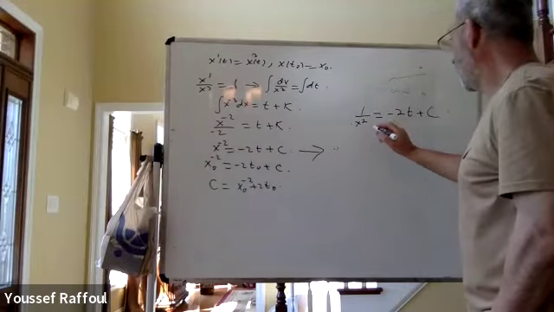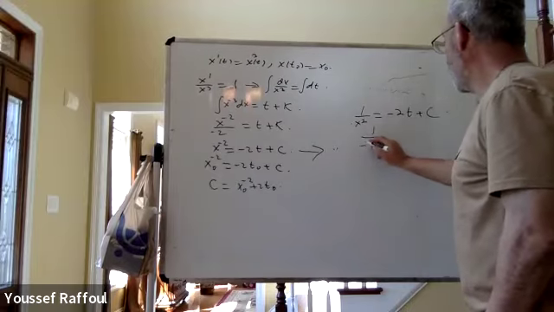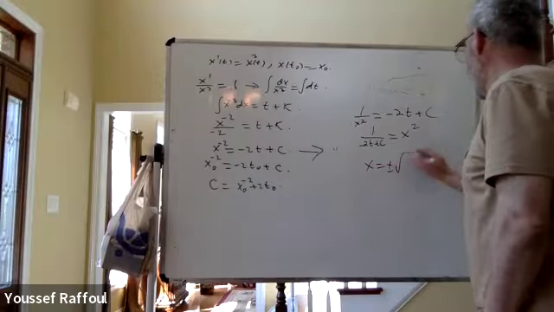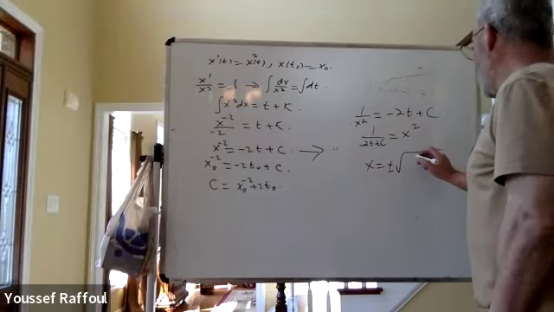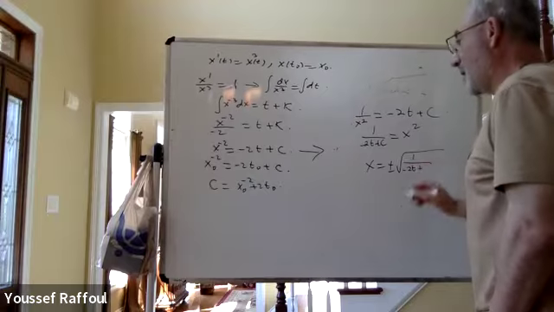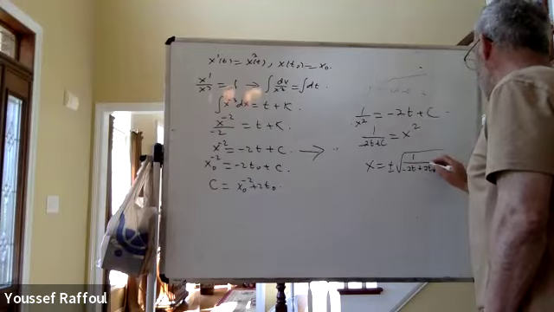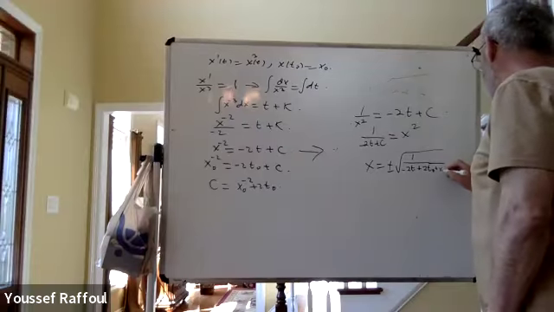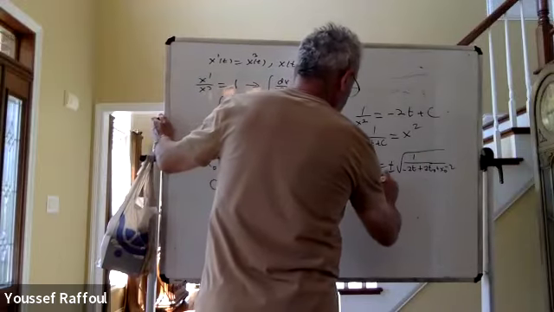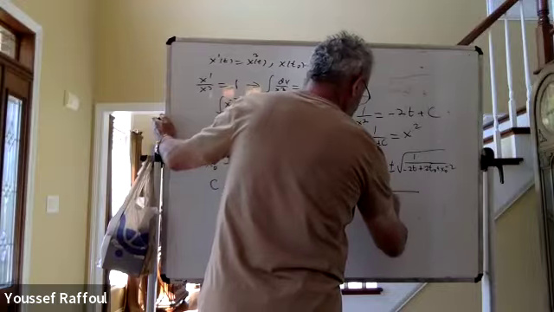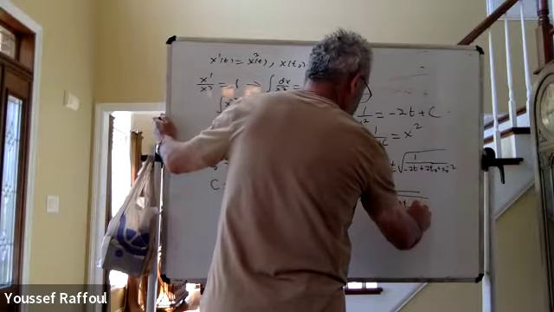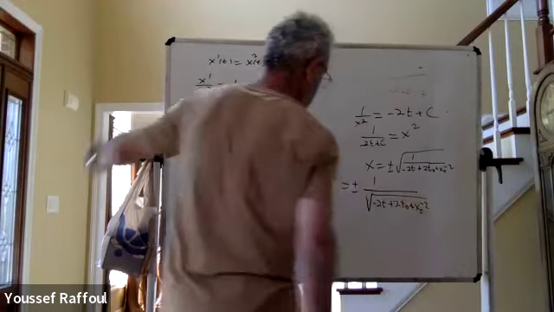And then 1 over minus 2t plus c equal to x squared. x is plus or minus the square root of 1 over minus 2t plus c, which is plus or minus 1 over the square root of minus 2t plus 2t naught plus x0 to the minus 2.